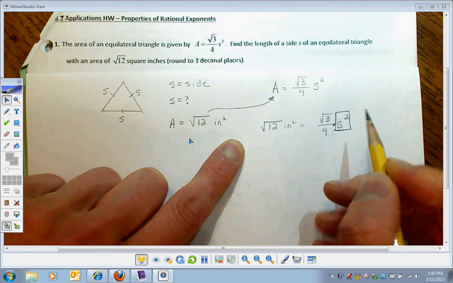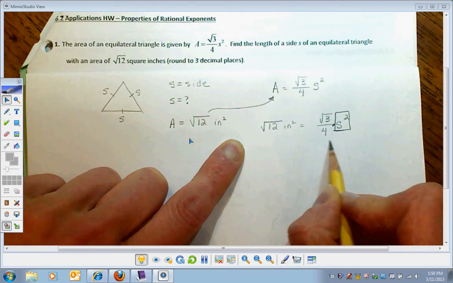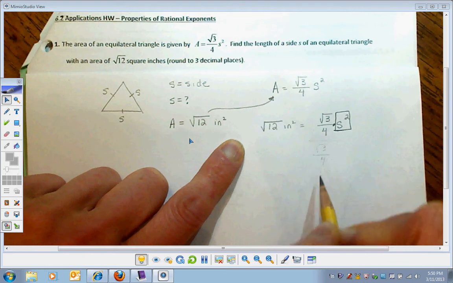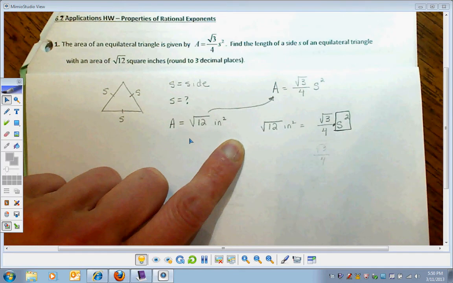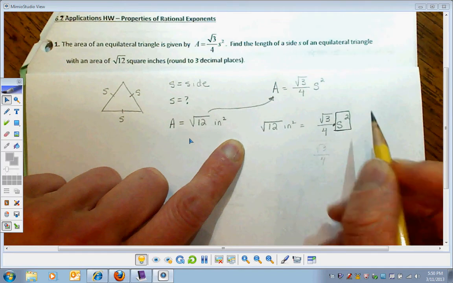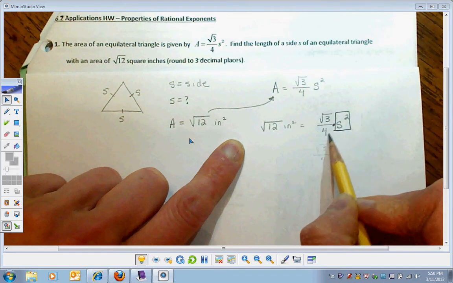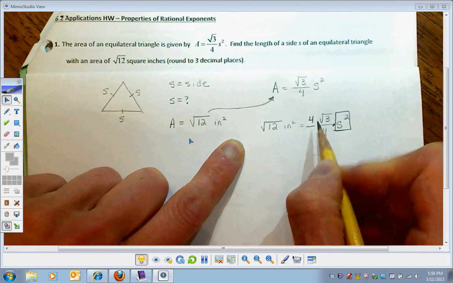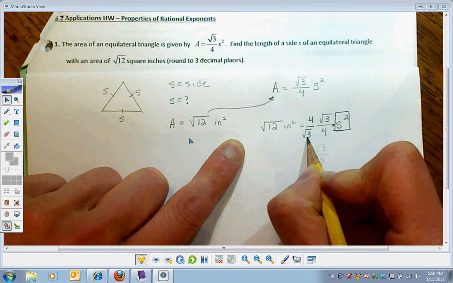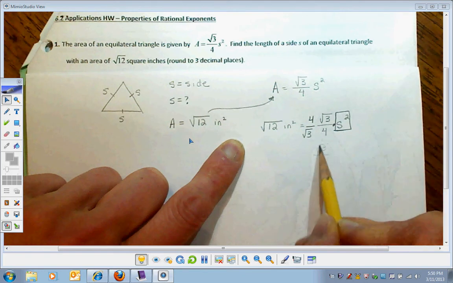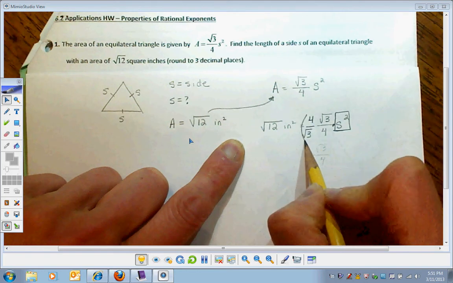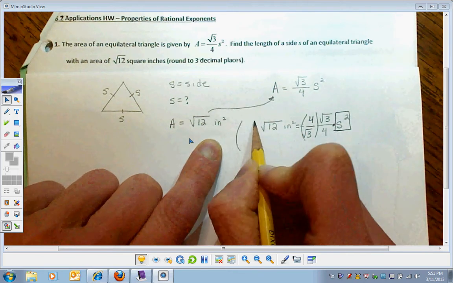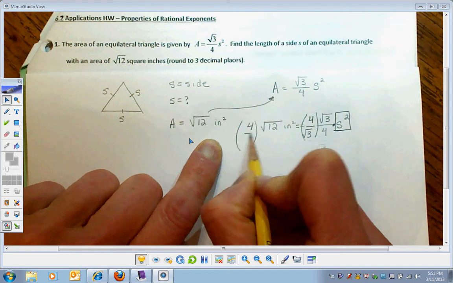Now, traditionally, students want to divide by the square root of 3 over 4, but that's really cumbersome and you can get confused. So it's better to take the reciprocal and multiply, which is what would happen if you were to divide anyways. So what I do to one side, I have to do to the other.